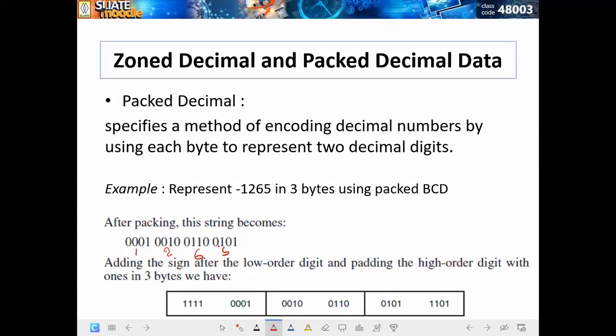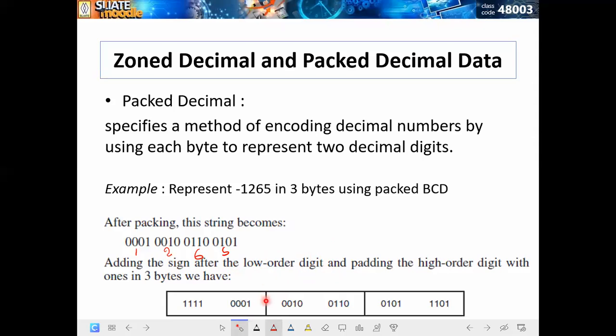Then now here we have to start from here, but please read this instruction. Adding the sign after the low order digit and padding the high order digit with ones in 3 bytes we have... It says low order digit. The sign uses the low order digit here. In this one, children, it's not like before, please.